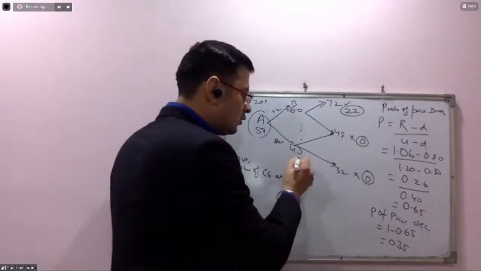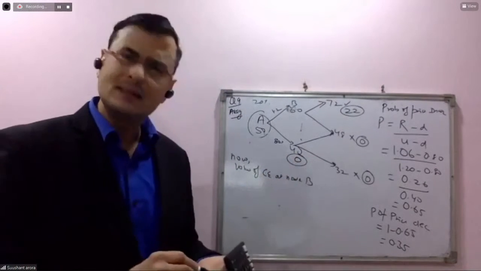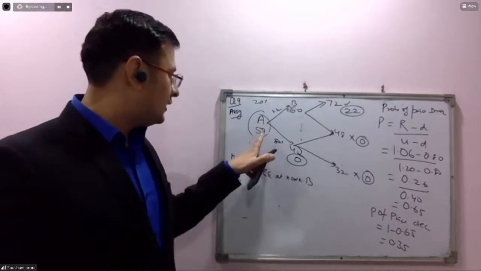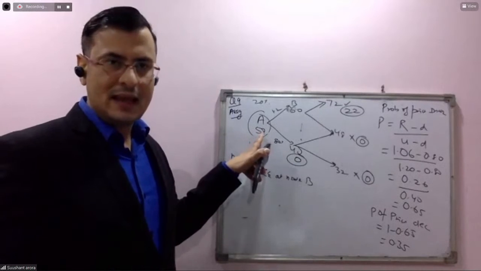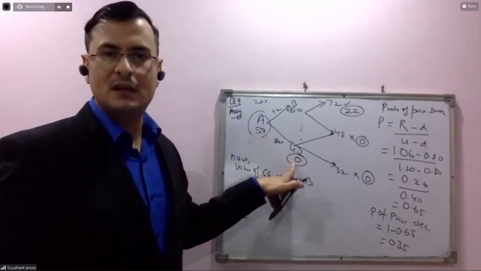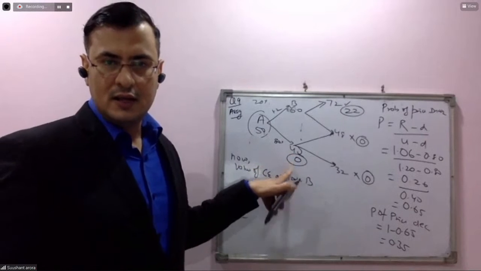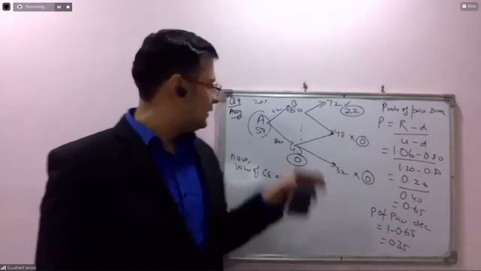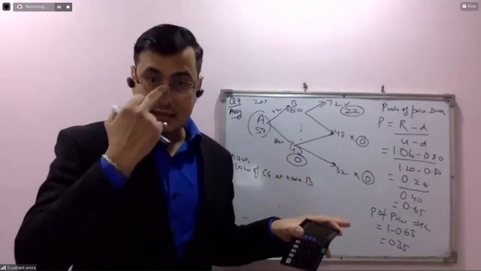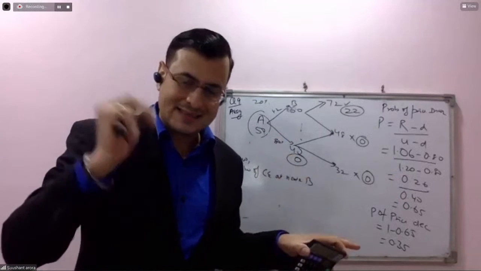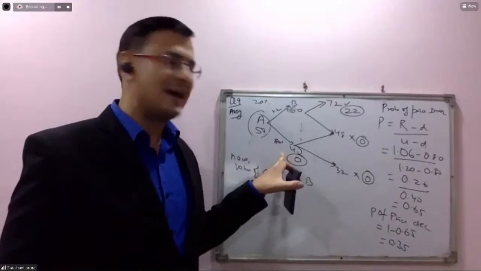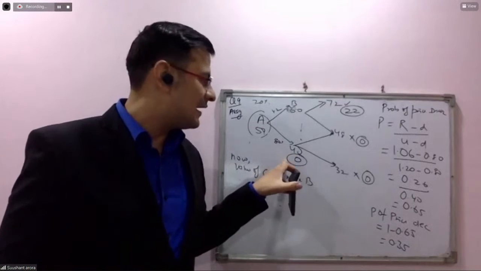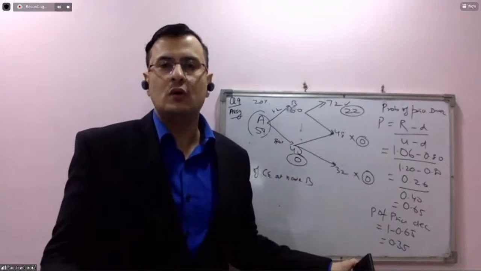It will be 0 again. Sir, here be 0? Yes. Means why would I buy something at 50 when it is available at 40 in the open market? This was a downer price. Will I exercise my option if the price goes down? No. So my value of the call option will be 0.